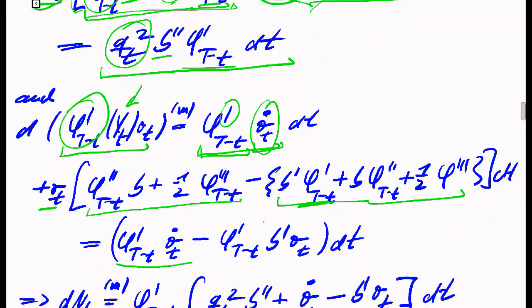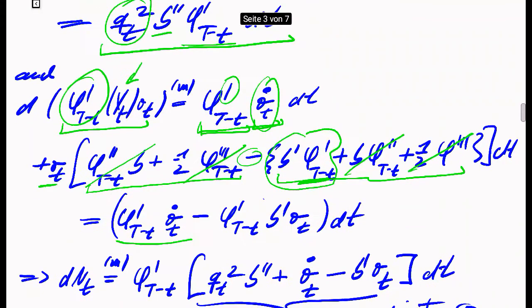I have a cancellation of the third order part, and I have a cancellation of these two second order parts, because all this comes with a minus, and hence the second line altogether brings only this expression, which, if I write it out together with what remains from the first line, I pick up a phi prime t minus t r t dot minus phi prime t minus t b prime r t.